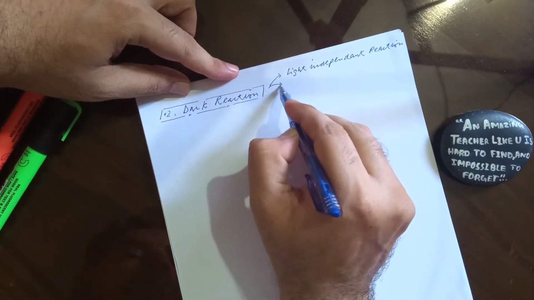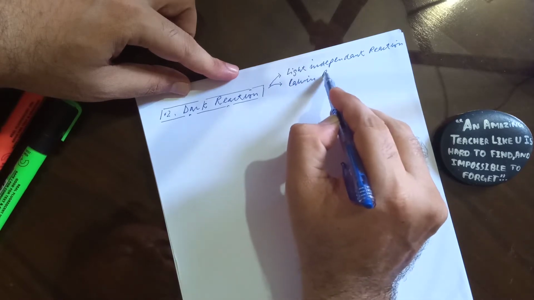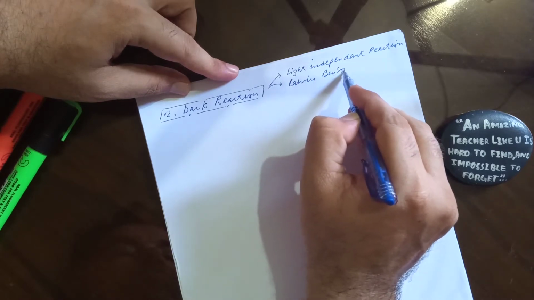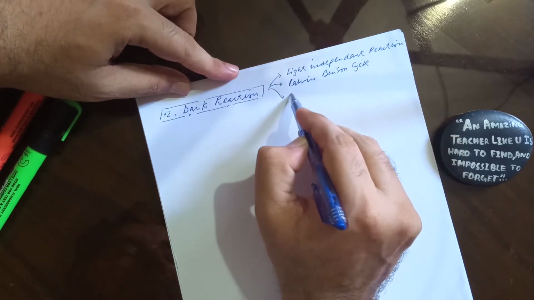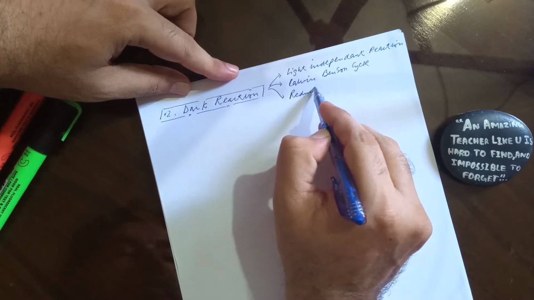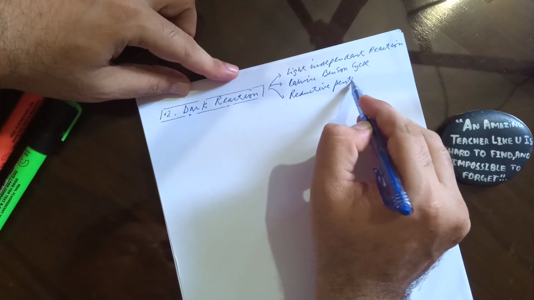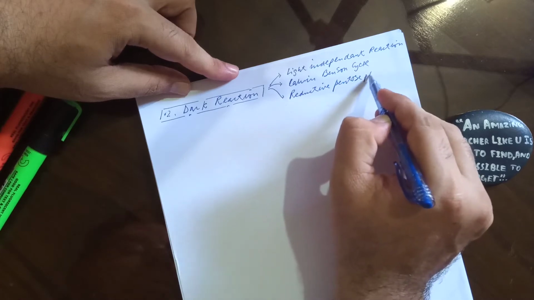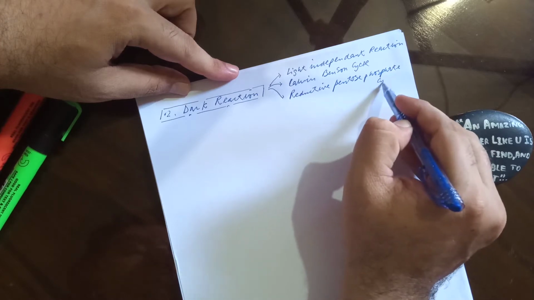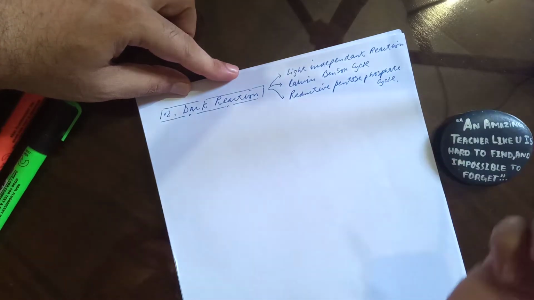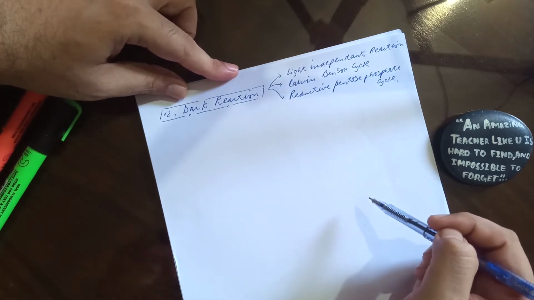Or say the Calvin Benson cycle, or say reductive pentose phosphate cycle. These names are more suitable than the name called dark reaction, but the more famous name is actually the dark reaction.